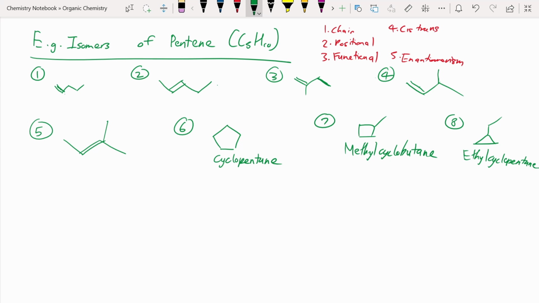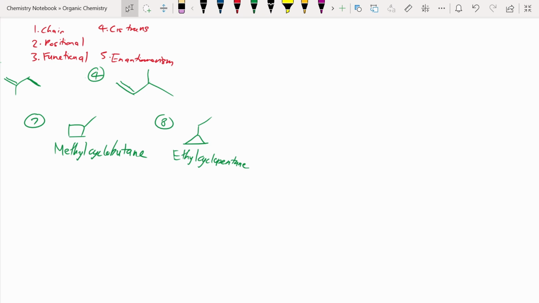Okay, another one that is possible is if you have 2 methyl groups. So in this case, we need to add the number here also, it's also fine.